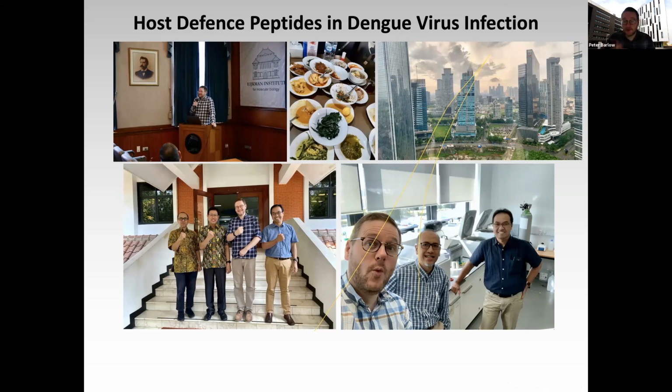And as you can see, I've been treated to some wonderful food. And I've been lucky enough to have those guys visit our facilities at Edinburgh Napier. And we're engaging in this fantastic collaborative project, looking to see whether we can make host defense peptides as antiviral drugs for treating dengue infection.